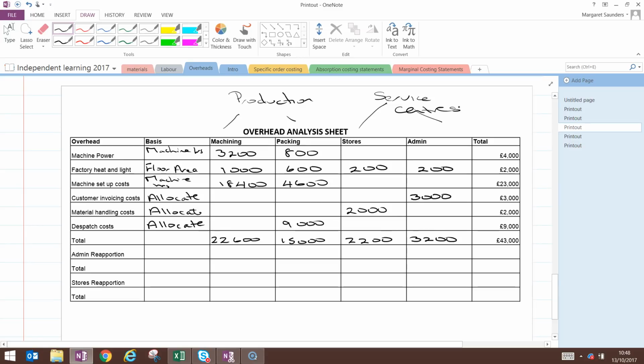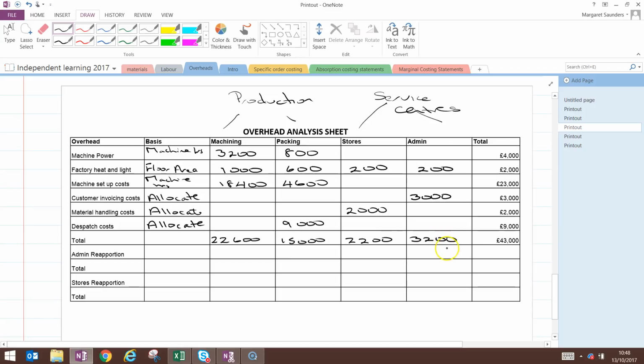Now we need to work out an overhead absorption rate for our production departments only, not the service centres. But there are currently some overheads on the service centres. We've got £2,200 worth of overheads apportioned to stores and £3,200 apportioned to admin.